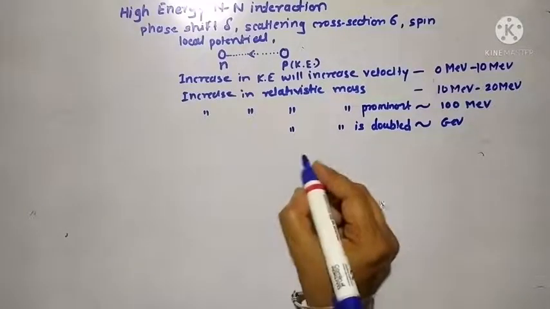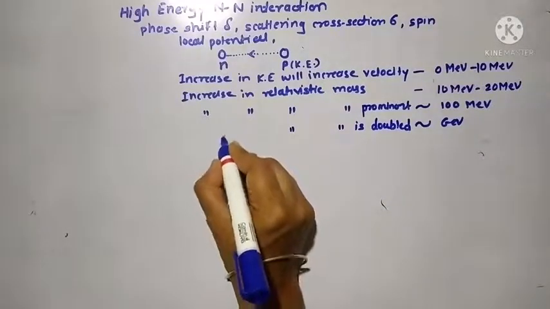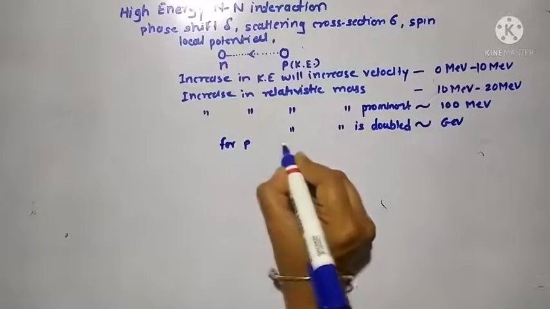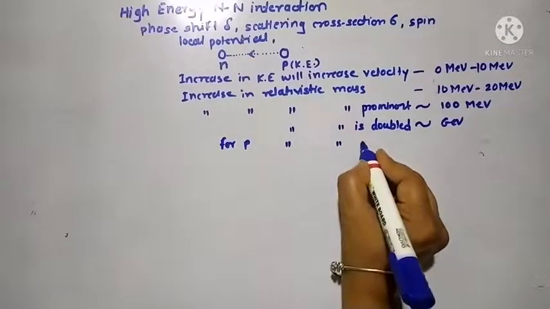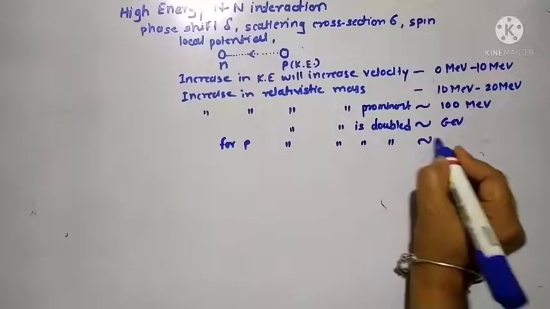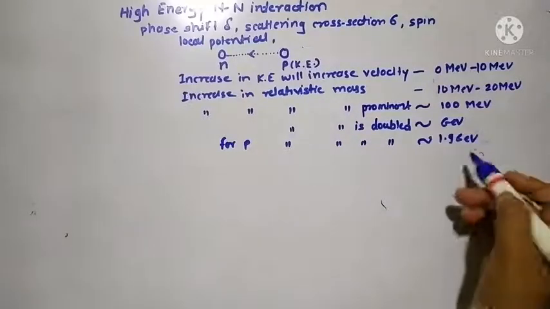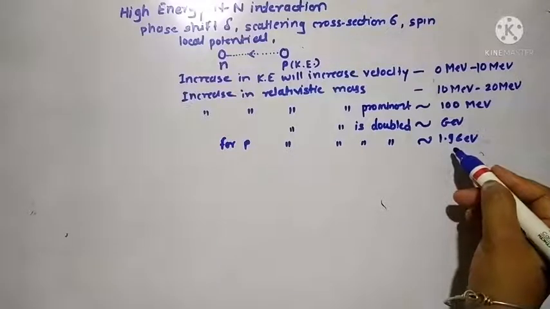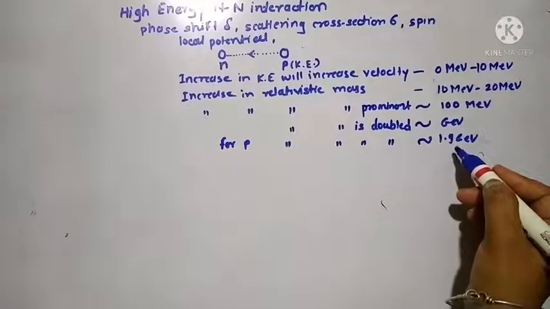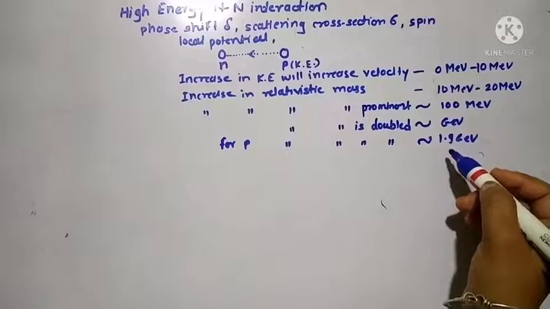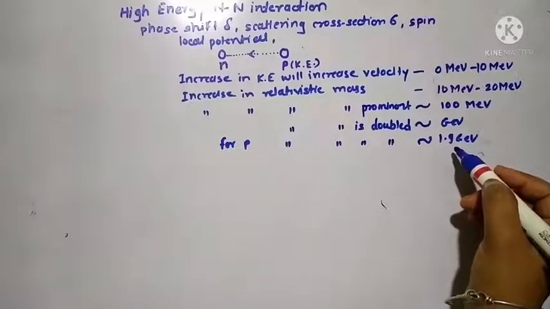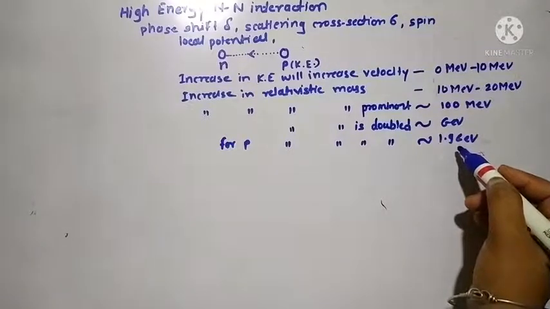For example, if I consider a proton, for proton the relativistic mass is doubled nearly at 1.9 giga electron volt. Obviously this range will change for different particles. So the relativistic mass will be doubled at different energies for different particles.